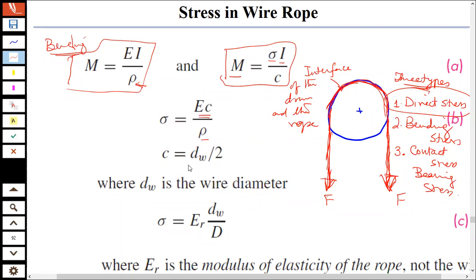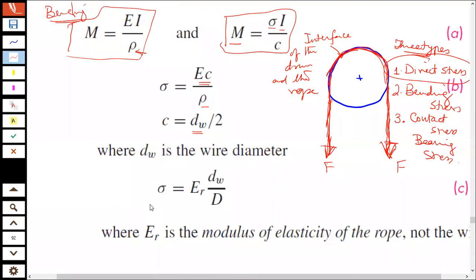Where C is, if D is the diameter, then that will be D over 2. If we talk about each wire, where dw is the diameter of the wire, then half of that, which is the radius, is dw over 2. So we can write that our sigma will be equal to E dw over D. What is E?